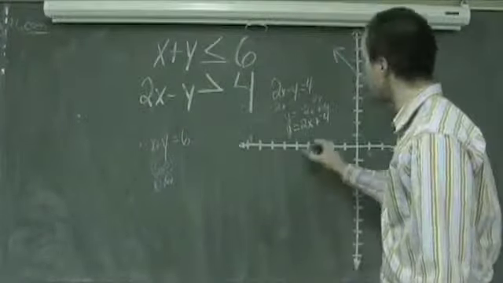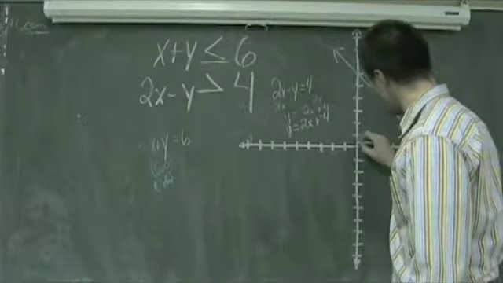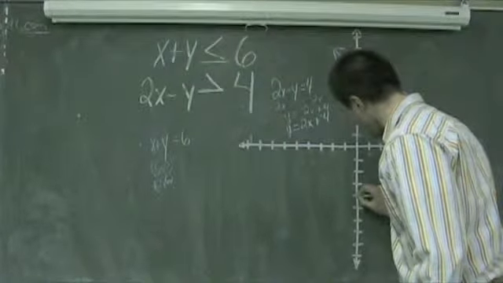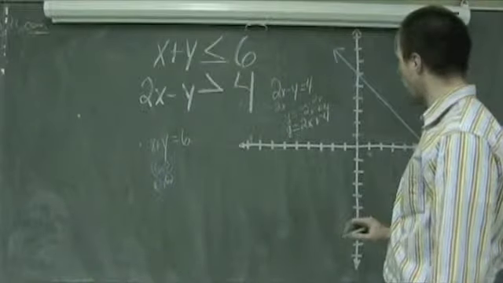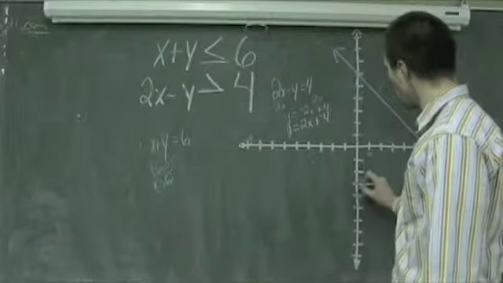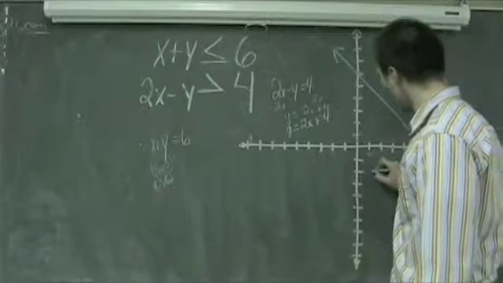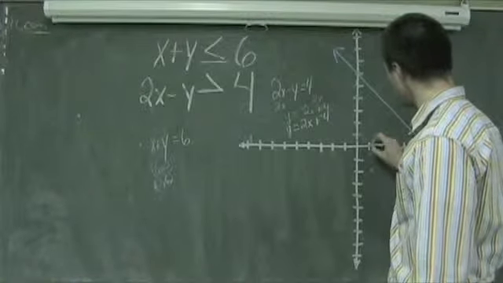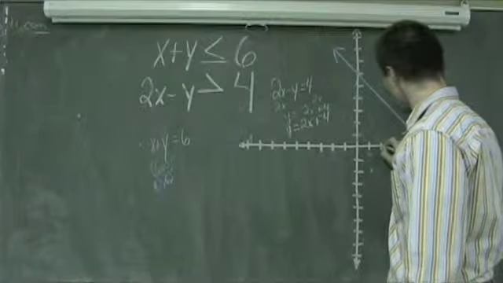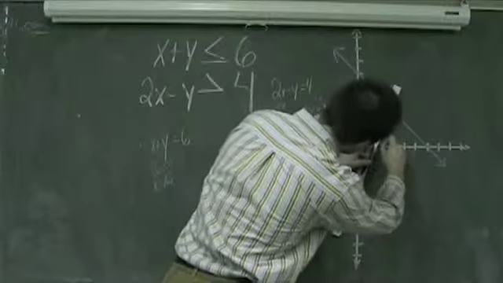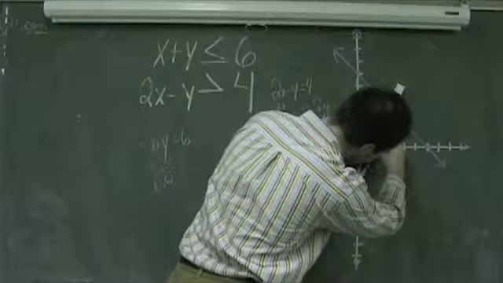Graphing in green, I'm going to start at (0, negative 4) on my y-axis. And I know that I have a slope of positive 2, so that means that if I go up 2, I'm going to go 1 unit to the right. And I'll go up 2 more, and 1 more unit to the right, just for good measure. And now, speaking of measuring, we're going to draw this line in.